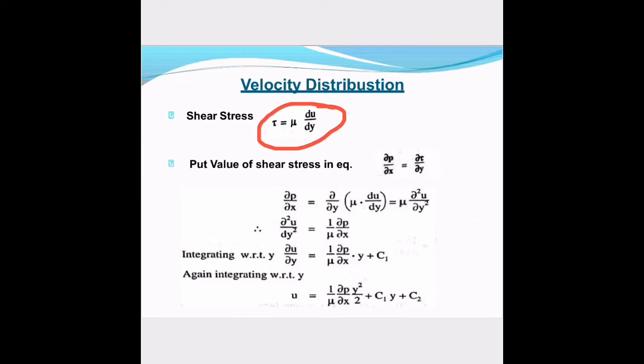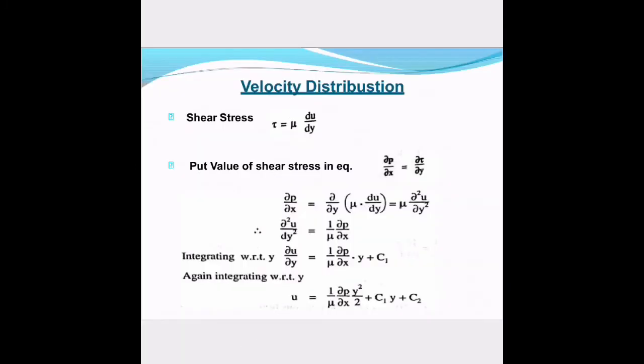After putting this value, you will get del p by del x equal to del by del y of mu into del u by del y, which becomes mu into del square u by del y square.